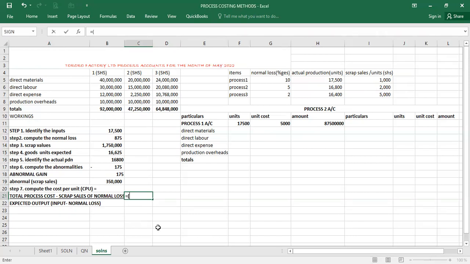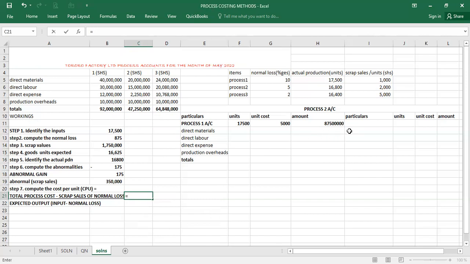You can open up the brackets. We are saying we are deducting the total process costs. But we can get this one a bit later because remember we are saying total process cost. This 47 million does not include this amount.